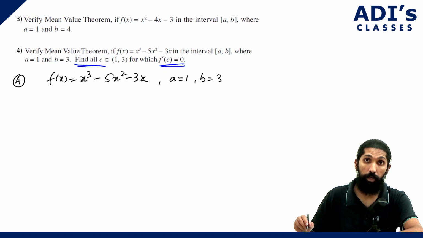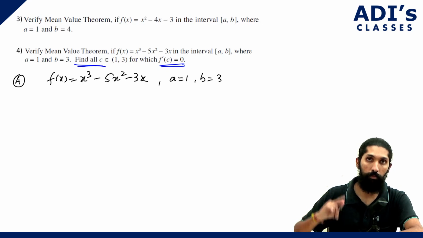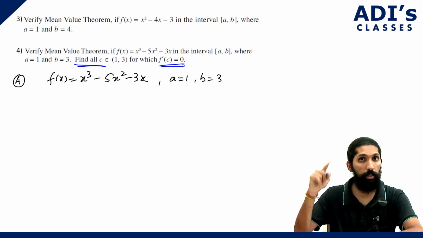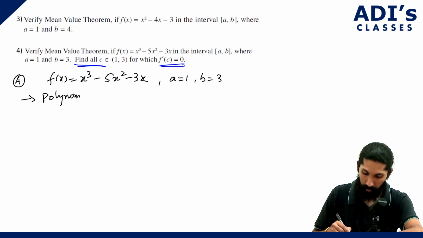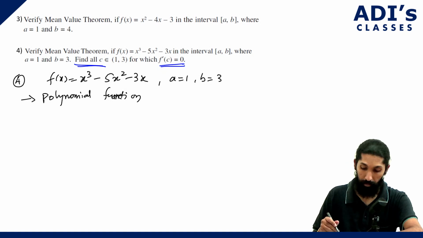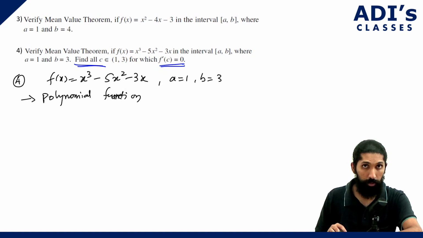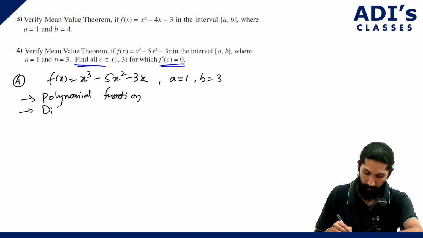So first we need to verify the conditions. Since it's a polynomial function, wherever you go, it is going to be continuous. After that, it is differentiable, correct? So it is a differentiable function.